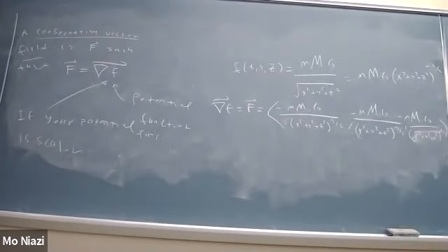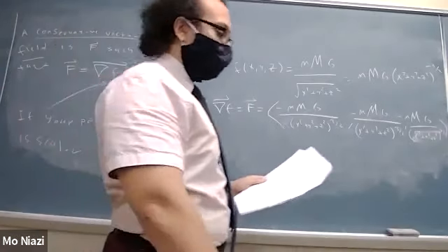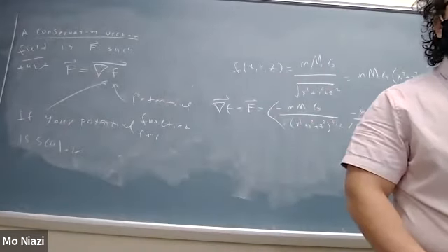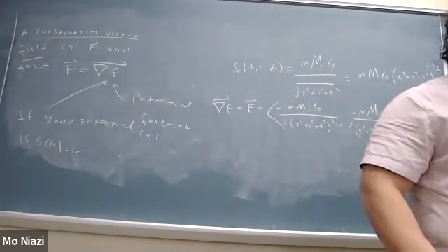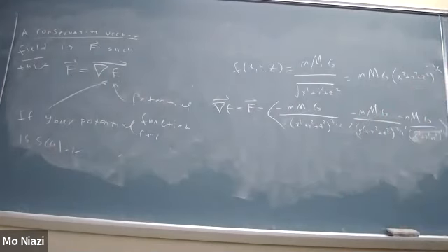So it's a conservative vector field because its potential function, when we take the gradient, we get the force field. That's that. Have fun in lab because you get to actually input stuff and have cool pictures come out of your making.